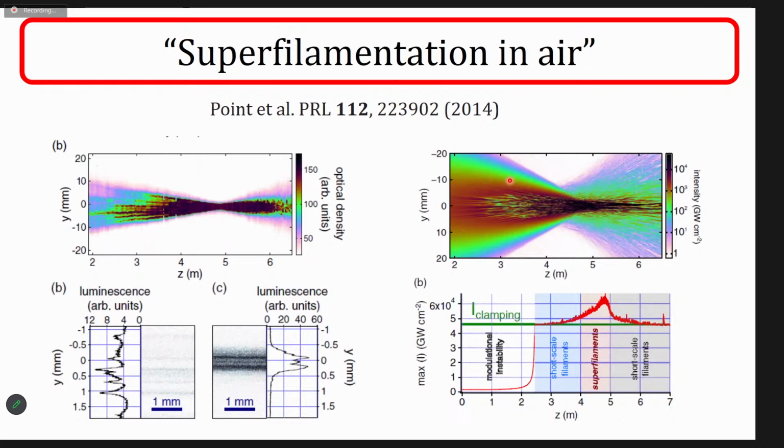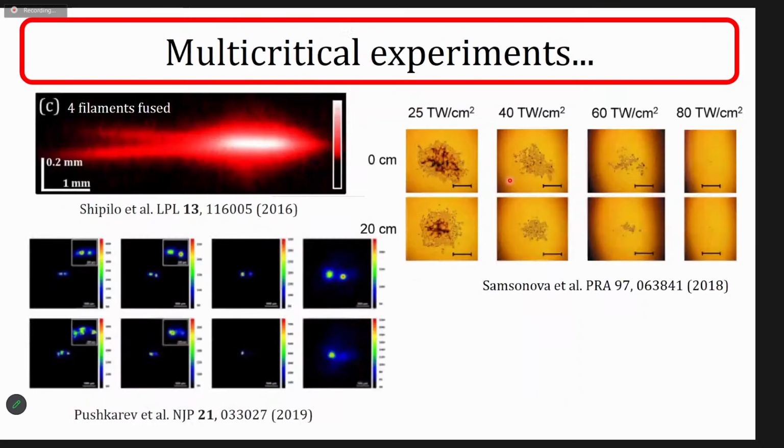and this work brought quite a high resonance in the community, and there were many attempts to mimic this behavior with lower energies, where only a few filaments were interacting in the focal region, like this work, where 4 filaments, 2 of them visible, 2 behind them, fused together.